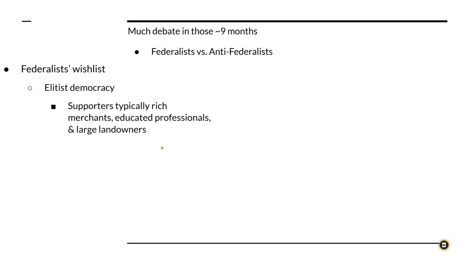They were wealthy merchants. These would be like large traders, maybe involved in shipping across the Atlantic. Educated professionals like lawyers or physicians.